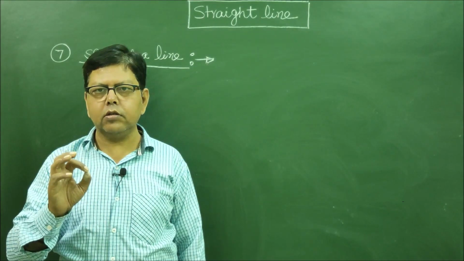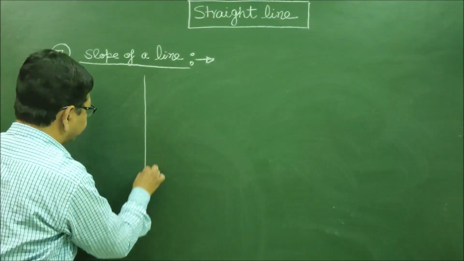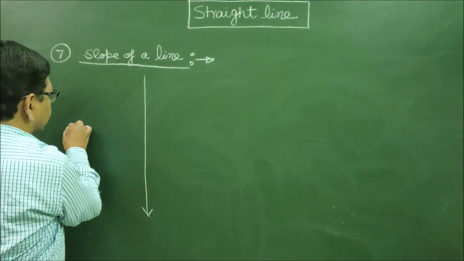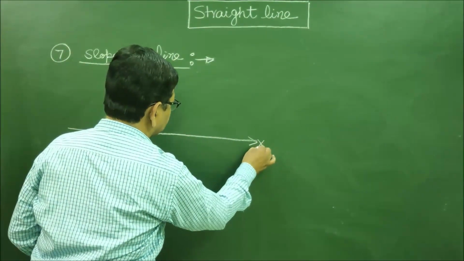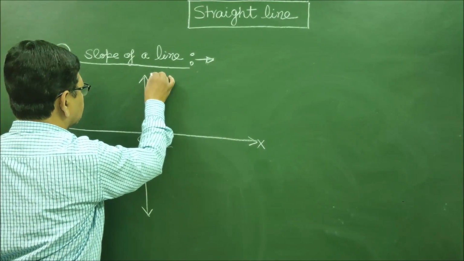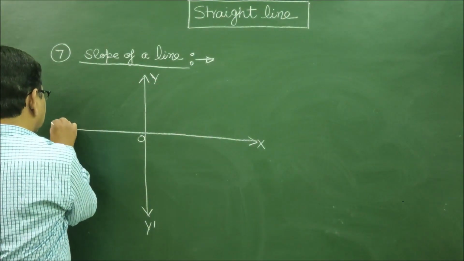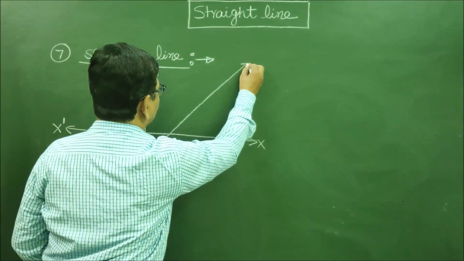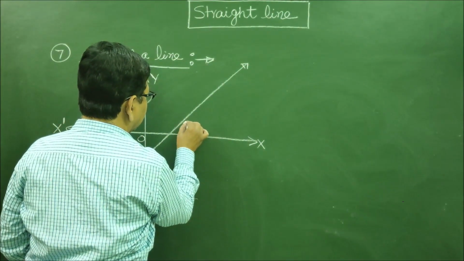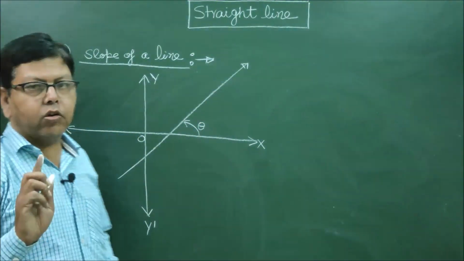Next concept is slope of a line. So if we have a line making an angle theta with the positive direction of the x-axis in the anti-clockwise sense.